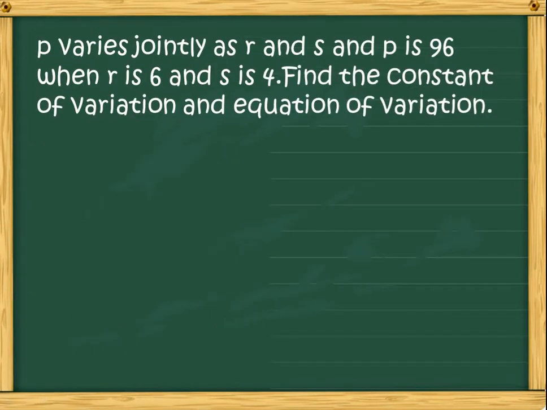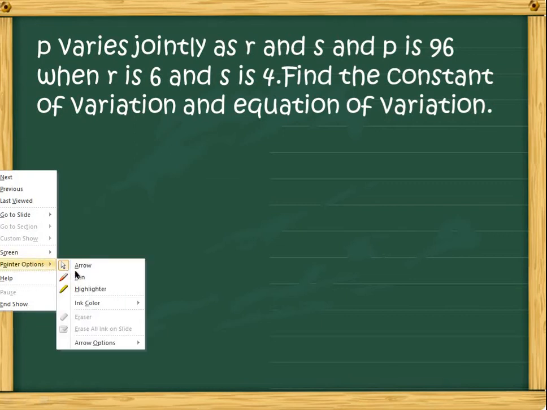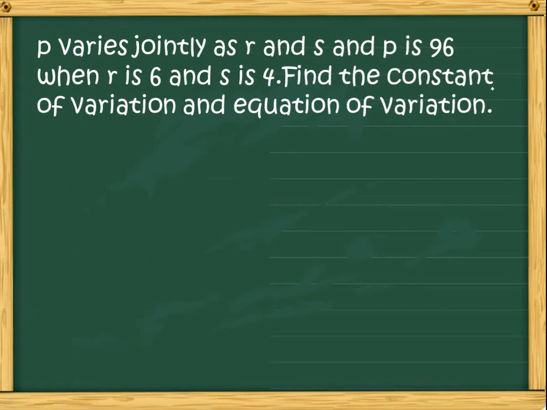Let's have this example. P varies jointly as R and S, and P is equal to 96 when R is 6 and S is equal to 4. Find the constant of variation and the equation of variation. So, dalawa yung pinapahanap sa atin. Number 1 is the constant of variation and number 2 is the equation of variation.